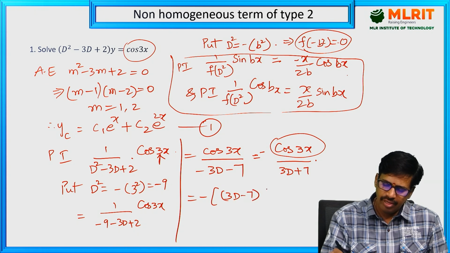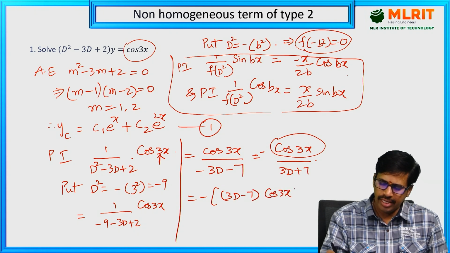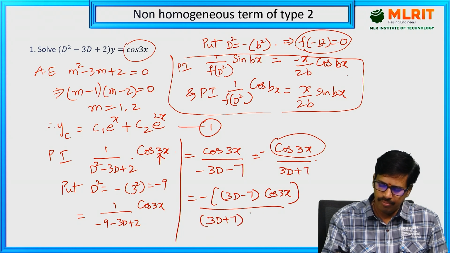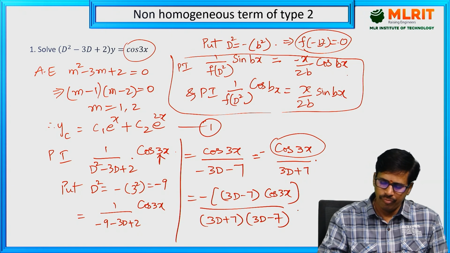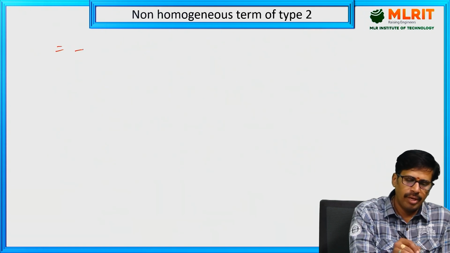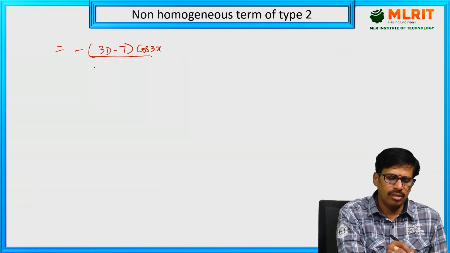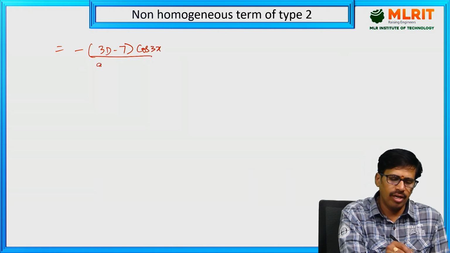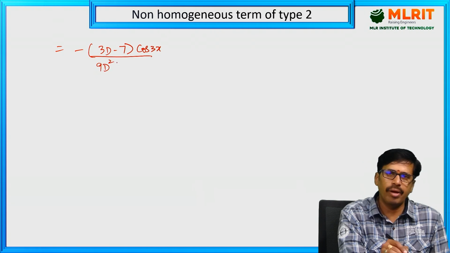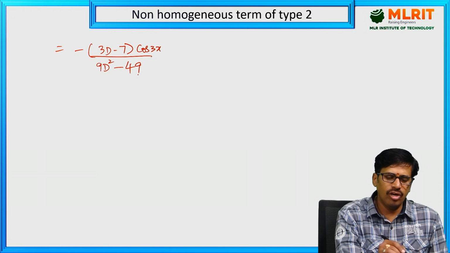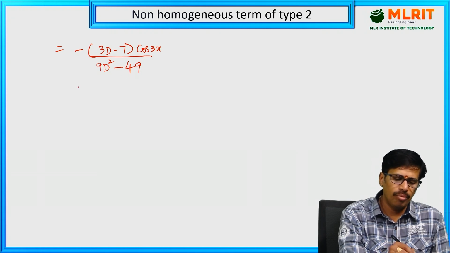So this can be written as minus of 3d minus 7 cos 3x by 3d plus 7 into 3d minus 7, that is a square minus b square, 9d square minus 49. Now we got d square terms in the denominator.